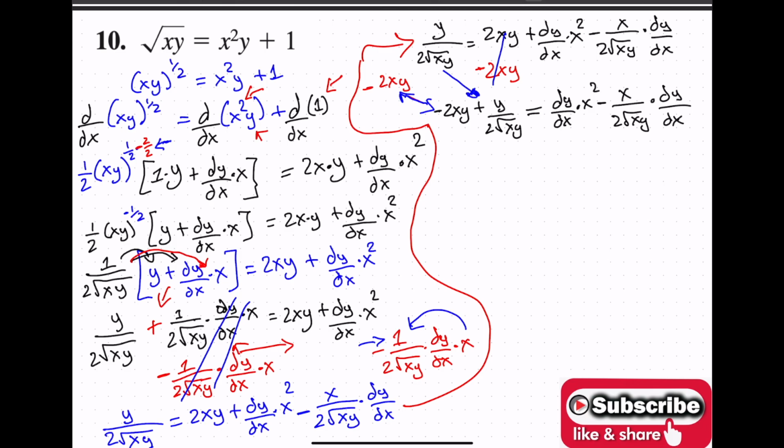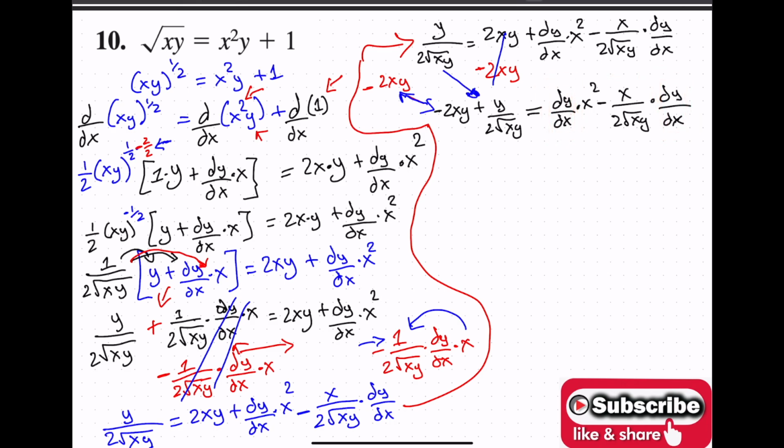And now that I have them like this, I'm ready to move the terms. As you can see, I have a dy/dx here as well. I have it here and also here. So I'm going to move those two terms, and let's do that.